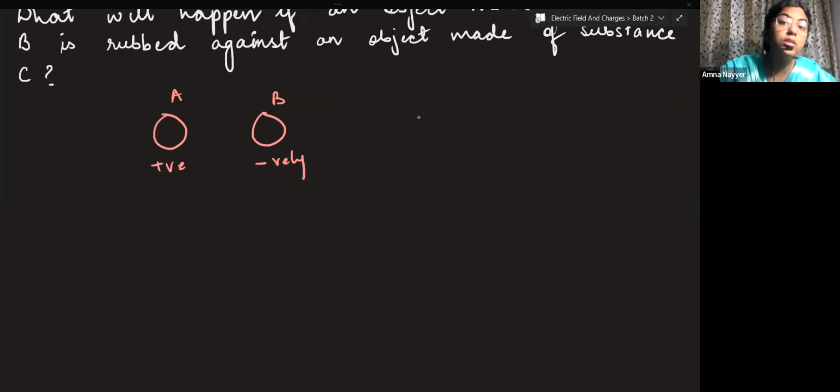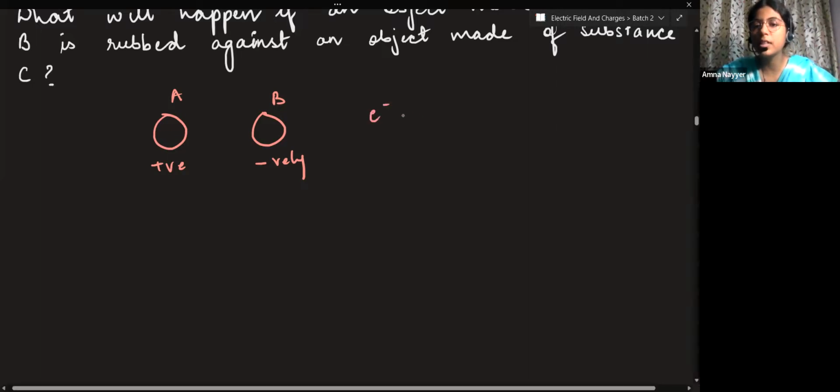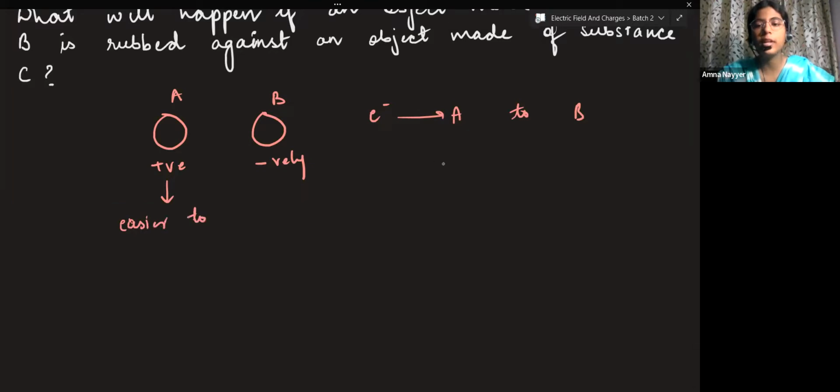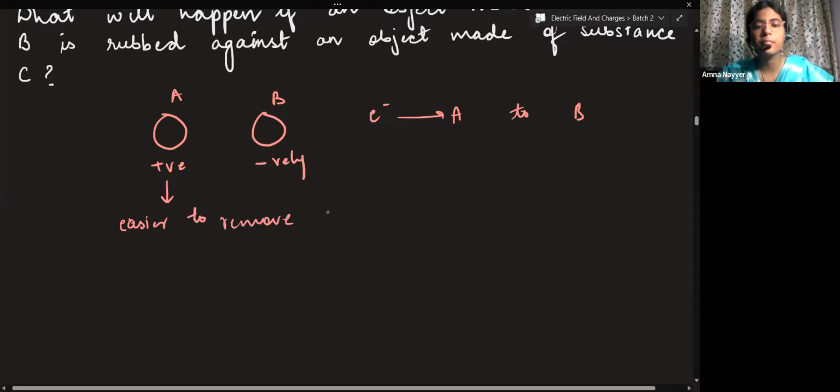This means electrons must have transferred from A to B. That's why the deficiency of electrons created positive charge in A and the gaining of electrons created negative charge in B. If electrons are able to transfer from A, this means electrons were weakly bound over here. It is easier to remove electrons from A, so electrons are weakly bound in comparison to B. That's why electrons have transferred.